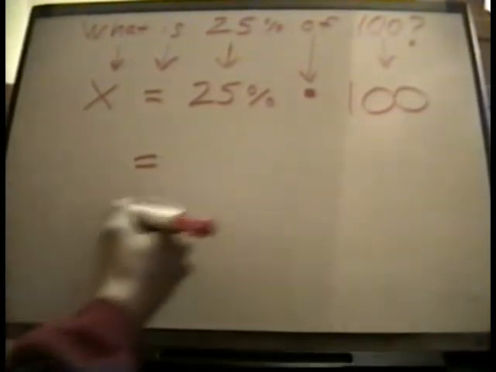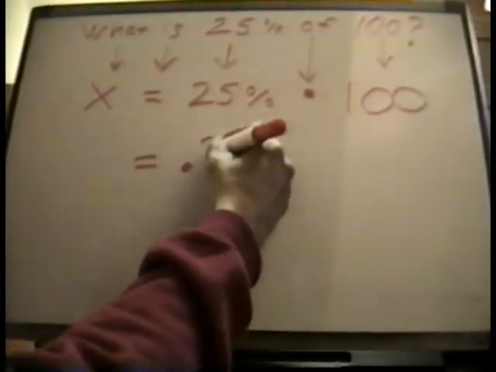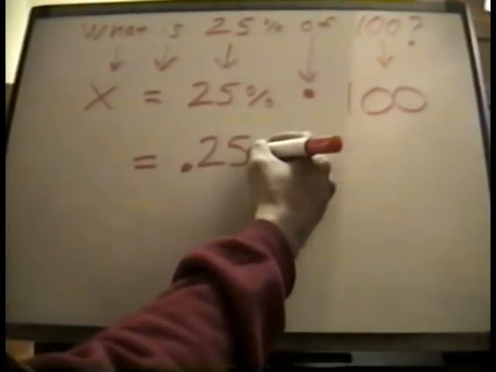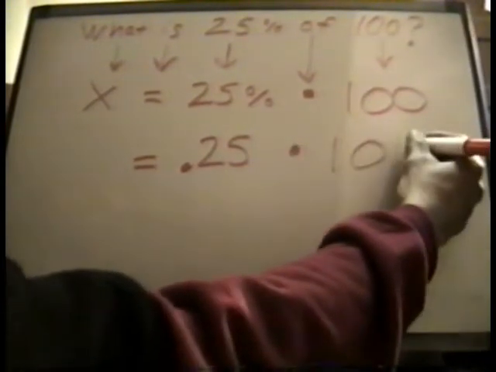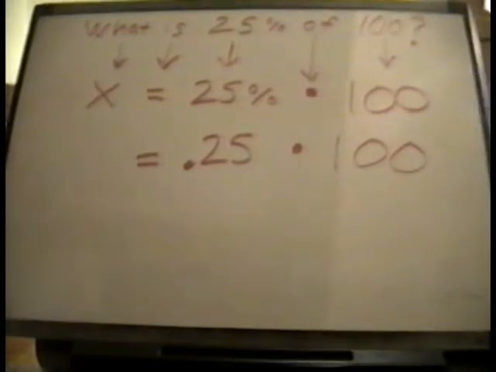So 25% equals 0.25. We're going to multiply that by 100. Now multiplying a number by a decimal is like dividing.